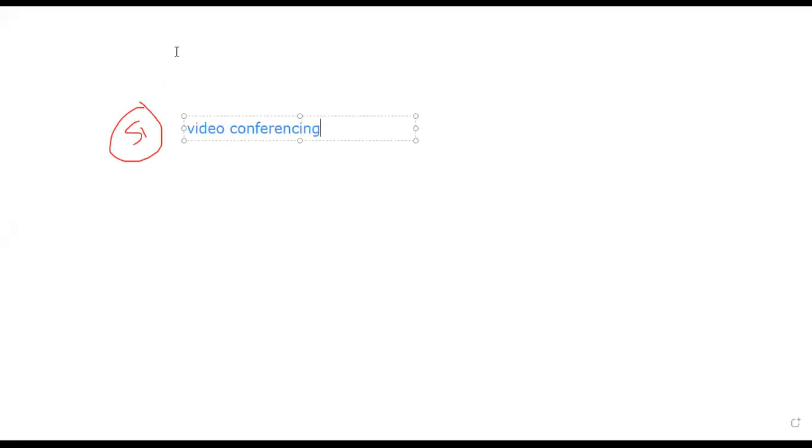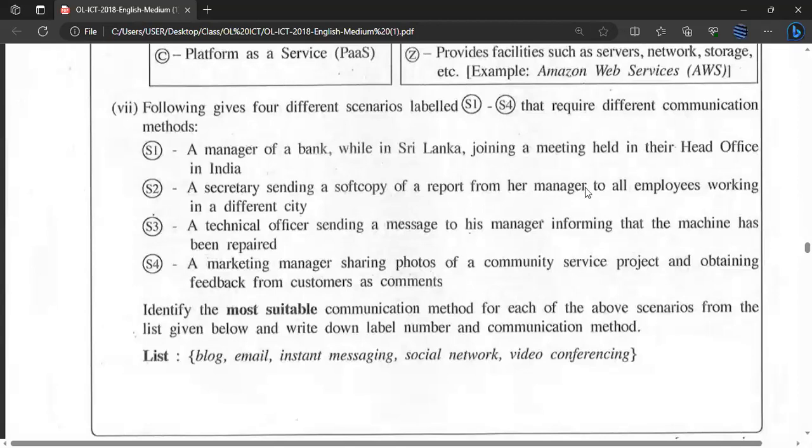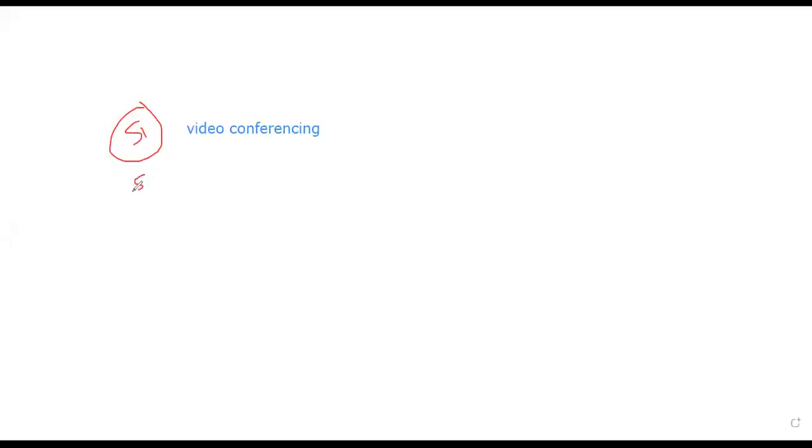Then S2, secretary sending a soft copy of a report from her manager to all employees working in a different city. So what is the most suitable? The email is there, no guys. That is going to be the most suitable answer. S2, email. Right.